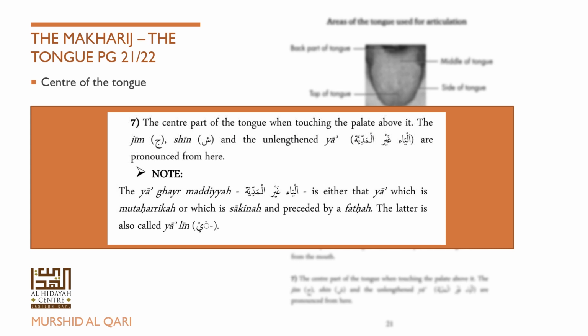Ash, ish, ush, or sha, shi, shu. Or we can try it with ya, ya, yi, yu, or the leen, ay. So in all these letters, we should feel the center part of the tongue rising up and touching the palate above it.